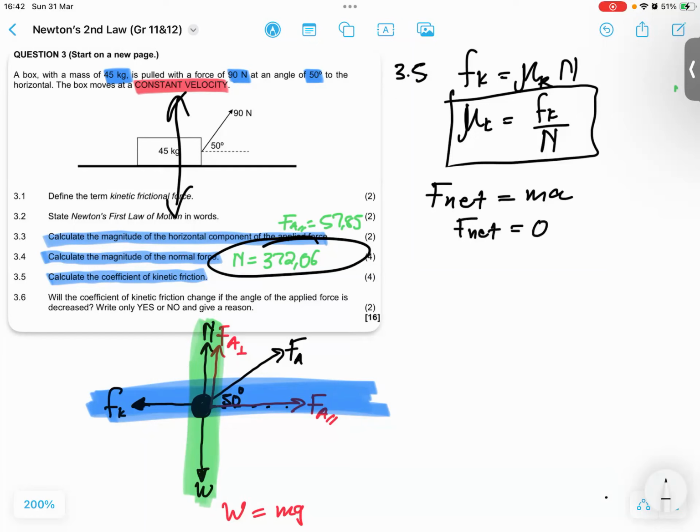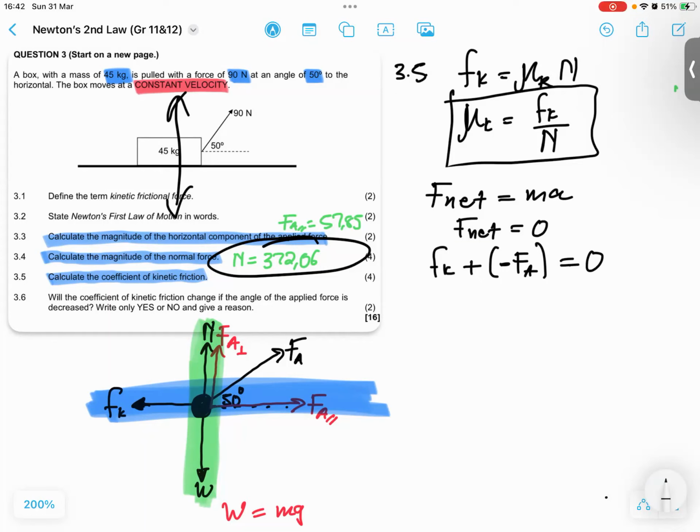And what are the forces acting parallel to the surface? We have the Fk, and then we also have the applied force. I'm going to make the applied force negative. That means in this case, the left-hand side will be positive and the right side of our diagram would be negative, right?